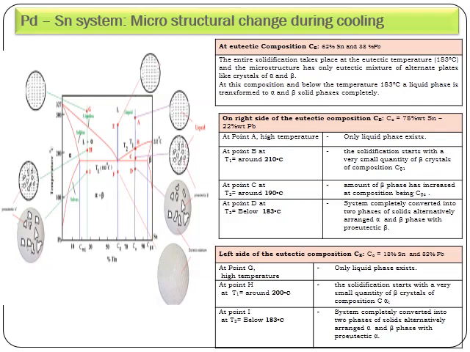So any composition you are taking which is less than the eutectic composition is considered to be a hypo-eutectic system. Any compositional value you are taking higher than the eutectic compositional value will be called a hyper-eutectic system. So this is how you can differentiate the different compositional systems of the alloy.